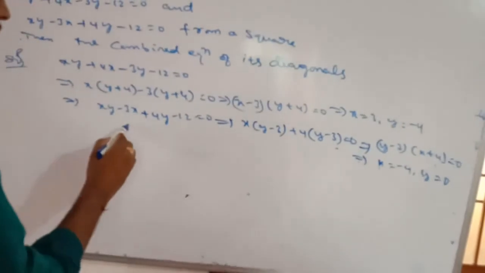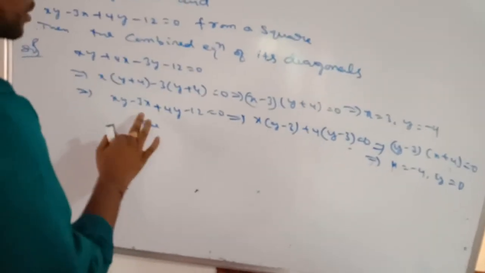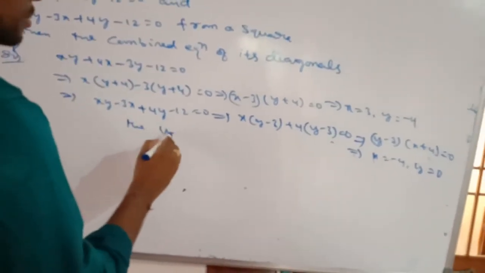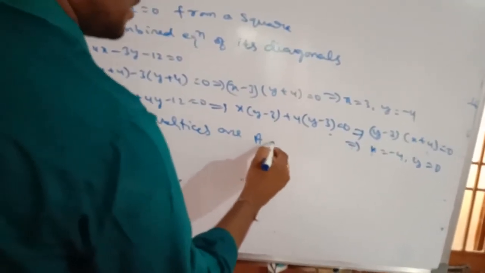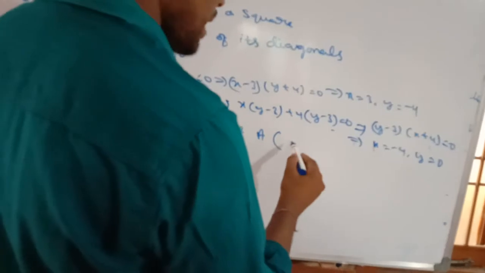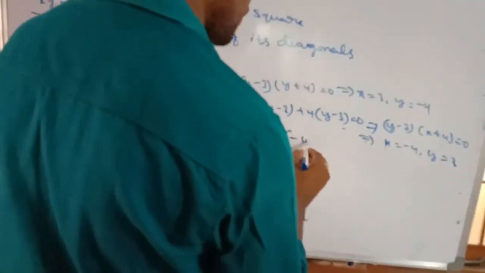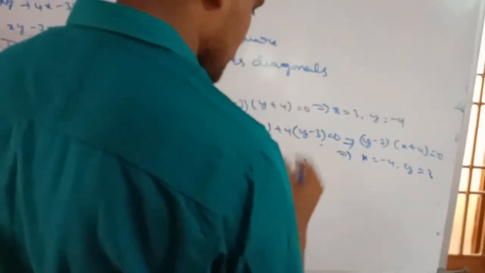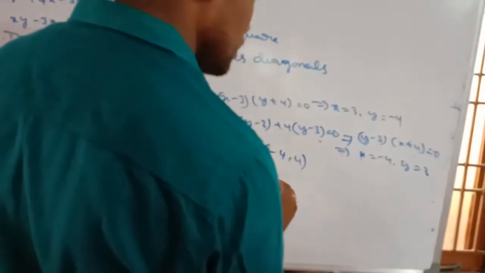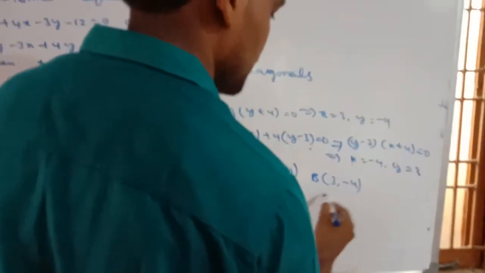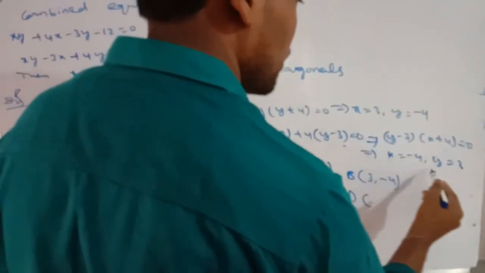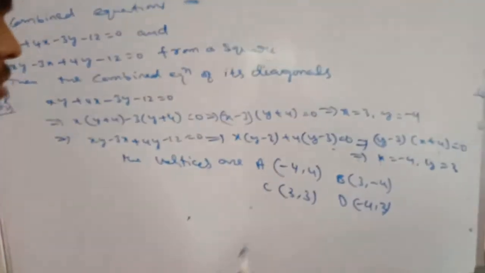Now the vertices are A minus 4 comma 4, C 3 comma 3, and this is B 3 comma minus 4, and this is D minus 4 comma 3.